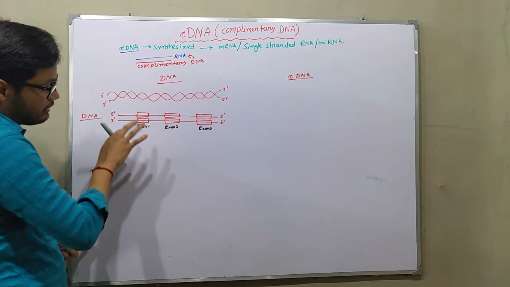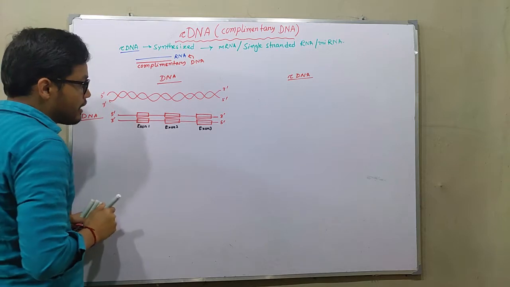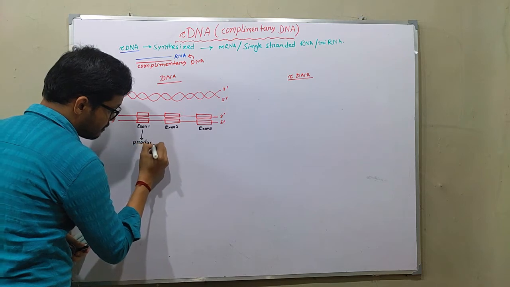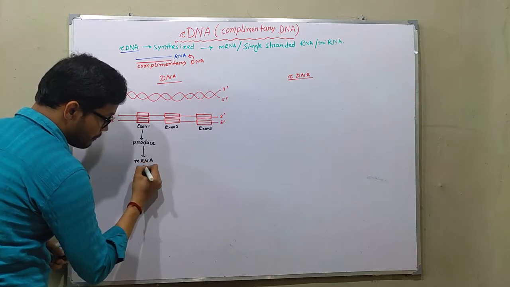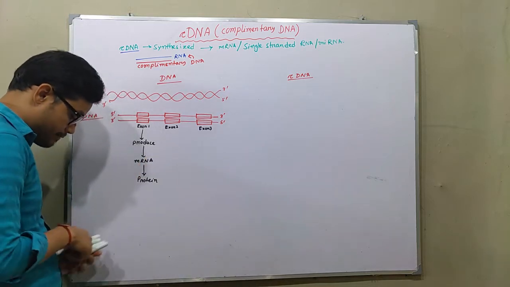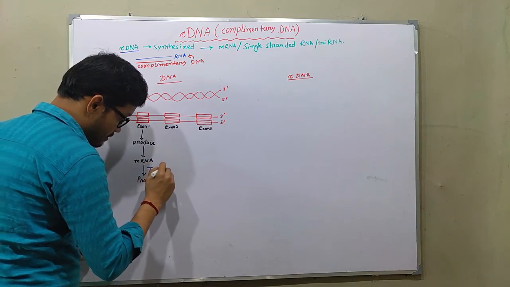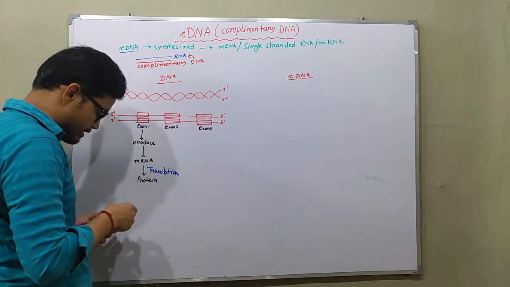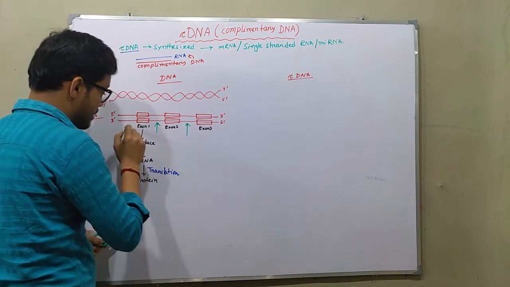Let's assume that these 3 exons are present in this short segment of DNA, and these exons can produce a functional mRNA, from which we can get a protein by translation.